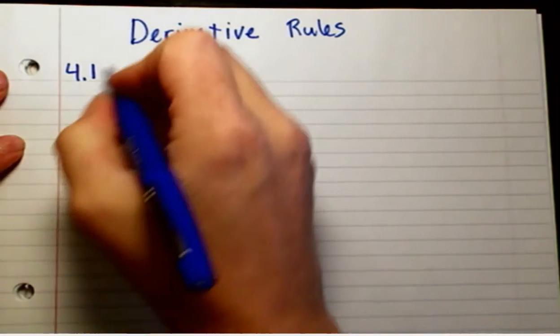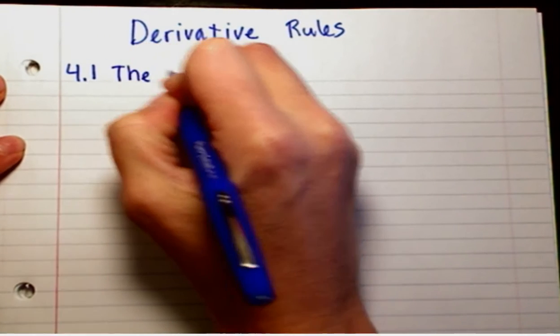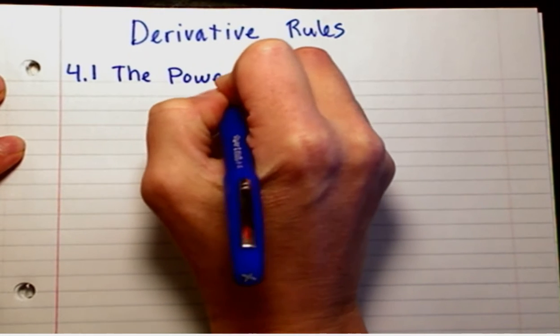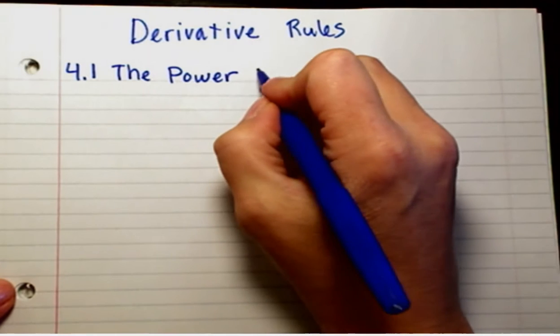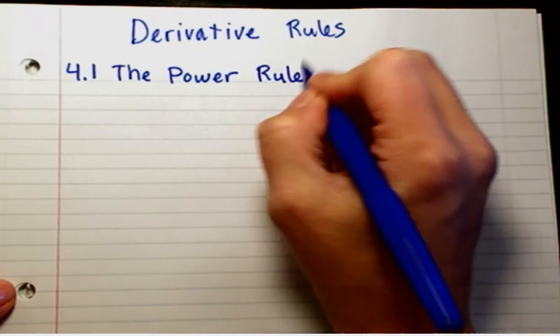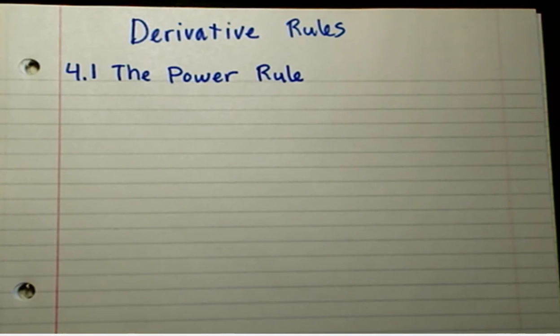So the first thing we're going to do is the power rule, which we have already kind of discovered, but we're going to extend it to some different types of problems. The power rule is the only rule we have, okay? We don't do trig derivatives.